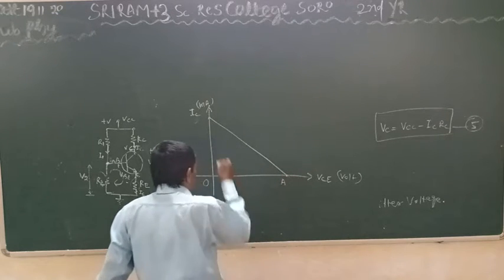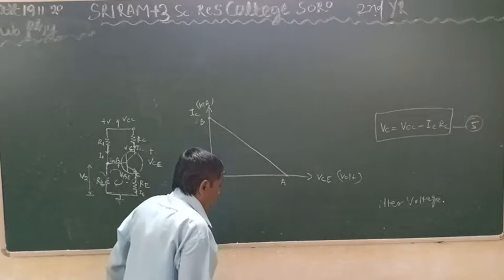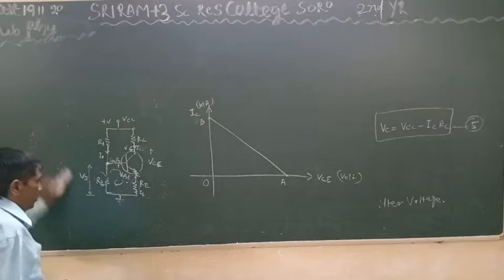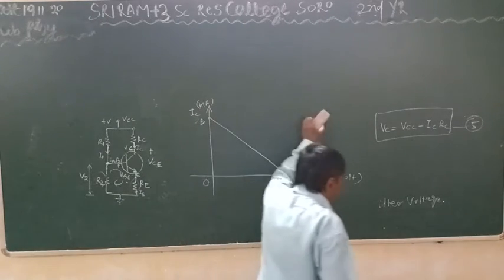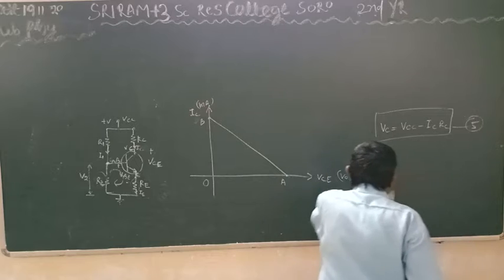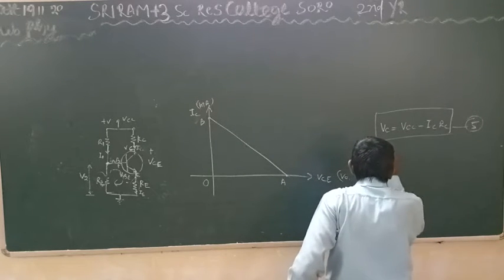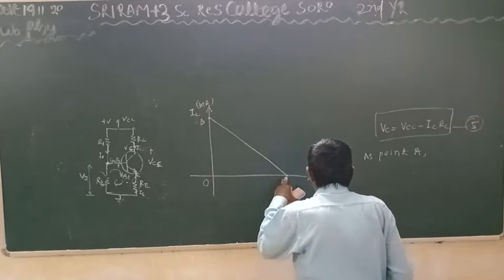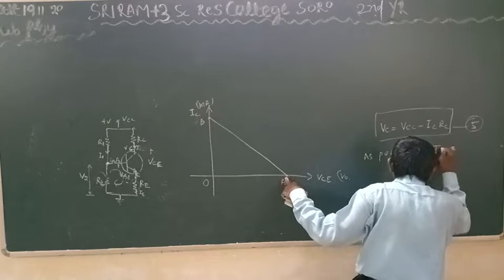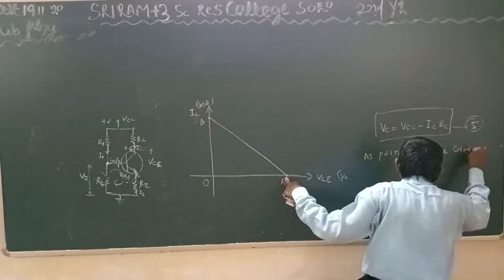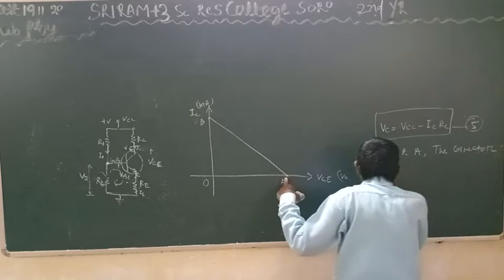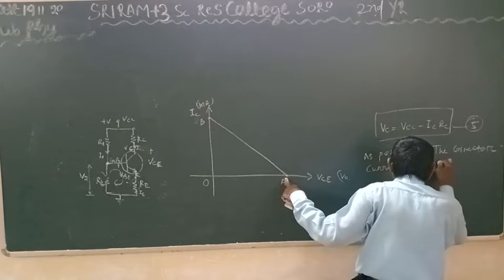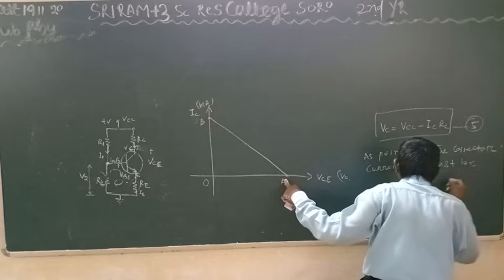This is point A and this is point B. At point A, the collector current IC must be 0.